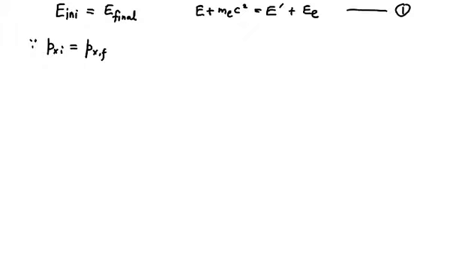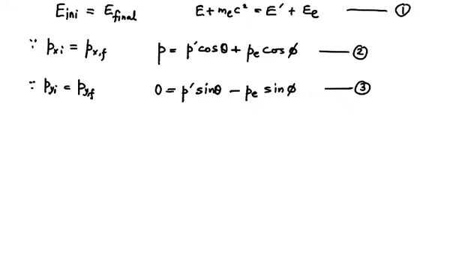And because momentum is in two directions, we will use equations in the x and y directions separately. So here is the equation for the x-axis, and along the y direction we also have momentum conservation.